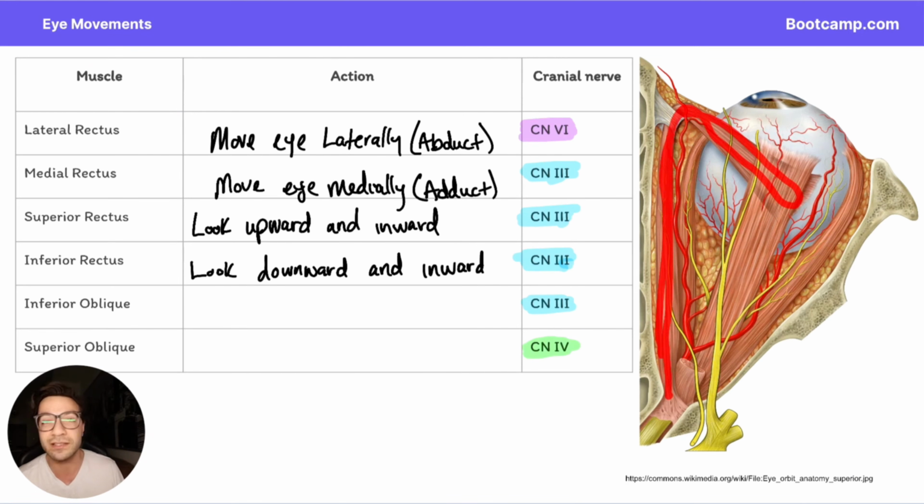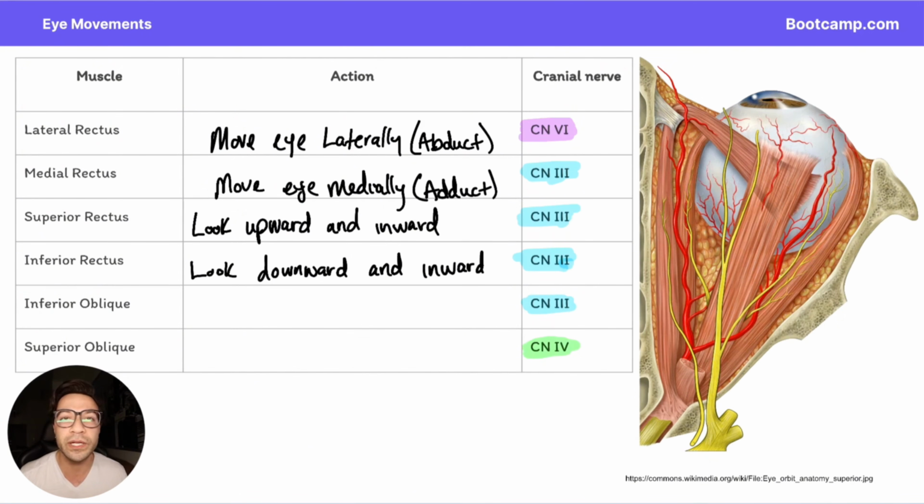The inferior has a similar layout, and it's attached via this trochlear sling right here. So it comes anteriorly, slings around here, and then it moves posteriorly. And when this contracts, it's going to cause the eye to rotate this way. And in this case, with the superior oblique muscle, it will cause the eye to look inferiorly as well.